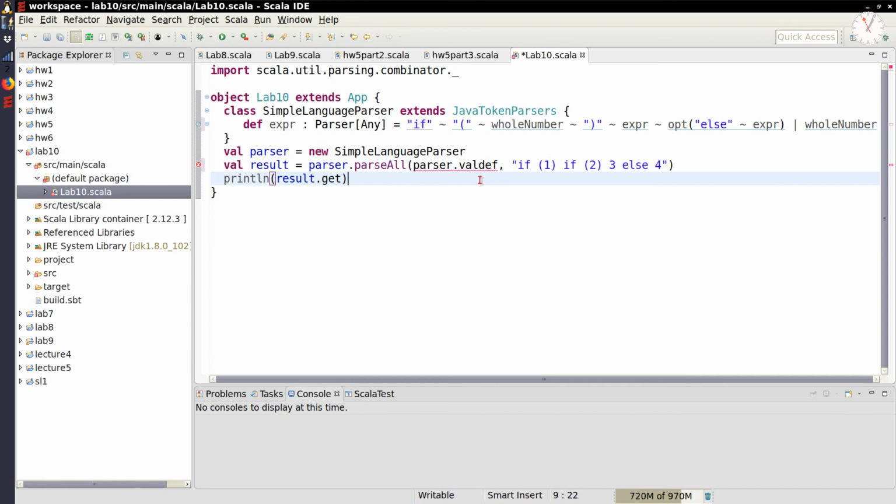Where is boundif, right? So what should it be? Well, expr is the only thing I have, so it should be parser.expr. Okay, now it'll compile. See if it runs.